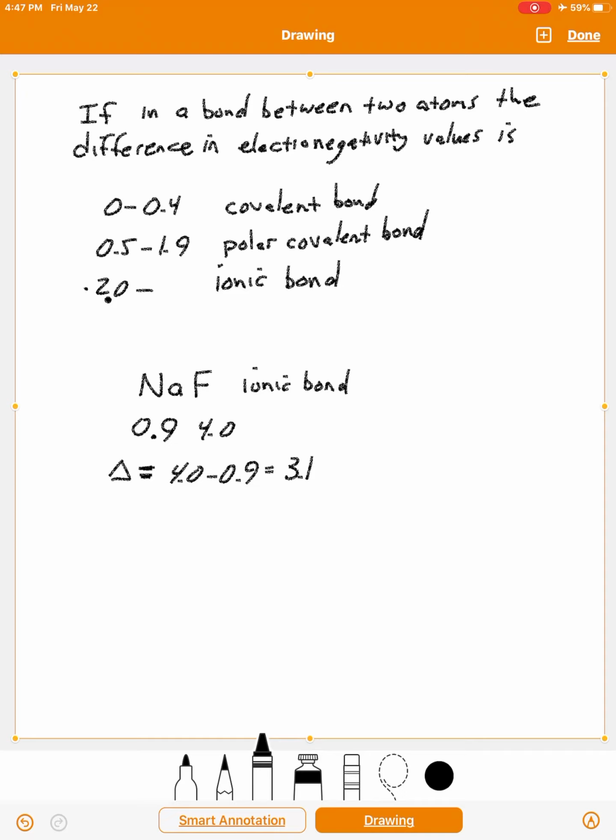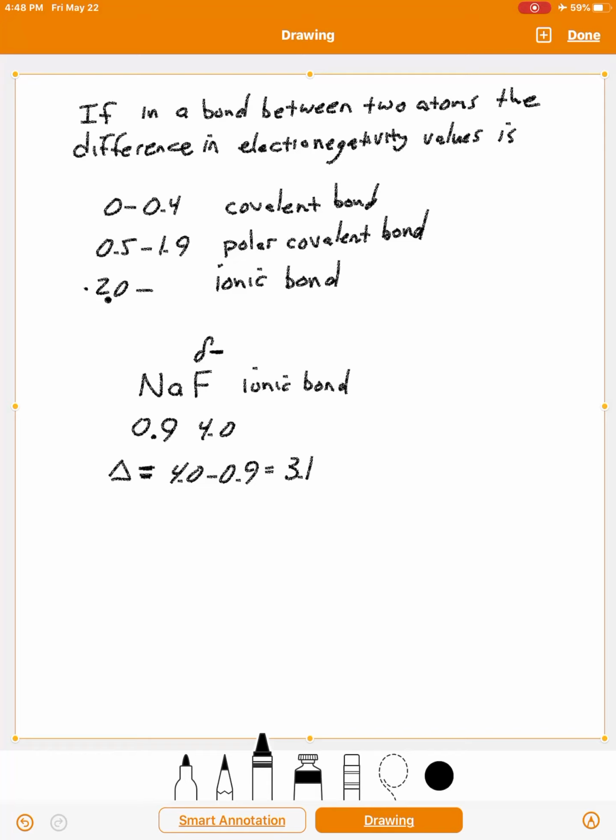Okay? Now, the larger the electronegativity value, what that tells you is that that's the atom that's going to have the negative charge in this ionic bond. So the fluoride will have the negative charge.